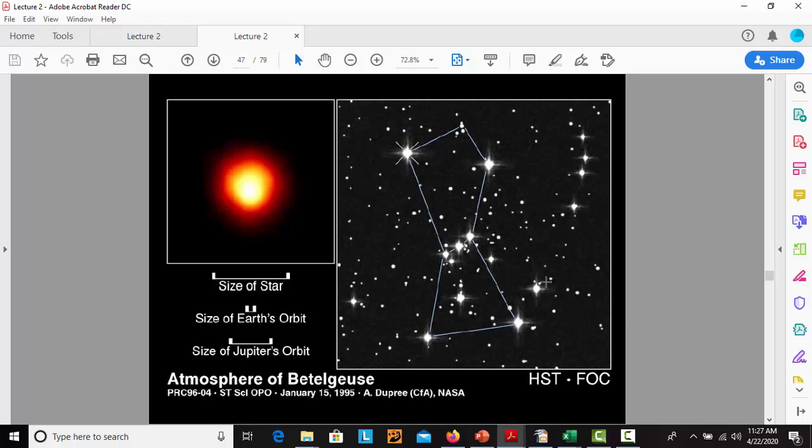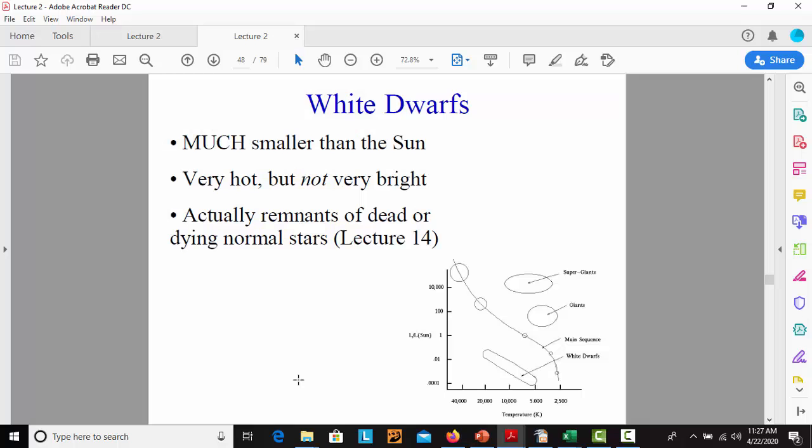So here we see the atmosphere of Betelgeuse and the size of the star, and we compare it to the size of the Earth's orbit and the size of Jupiter's orbit. So the size of this star is larger than the orbit of Jupiter. If we look at white dwarfs, they're much smaller than the sun, and they're very hot but not very bright.